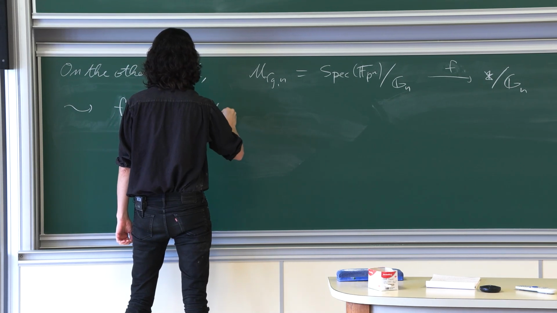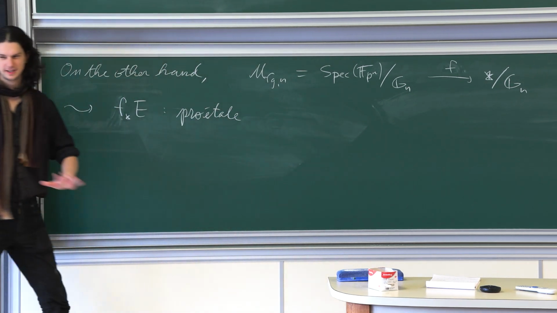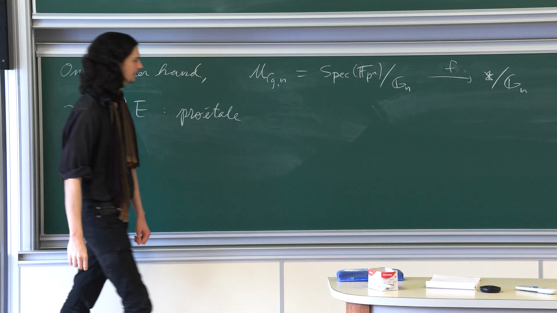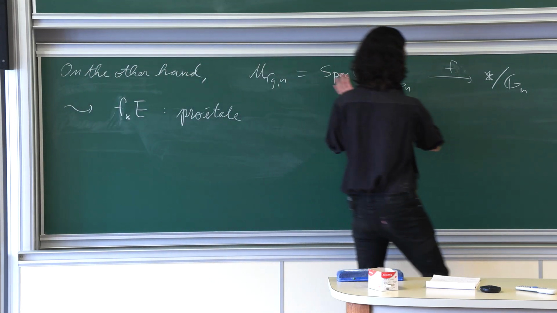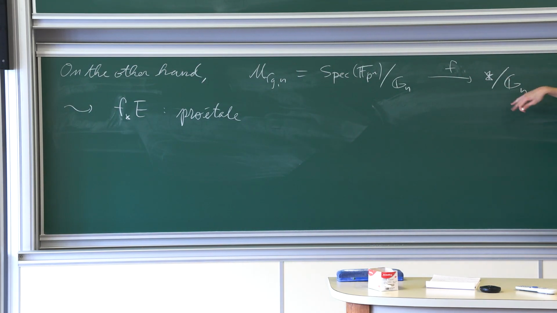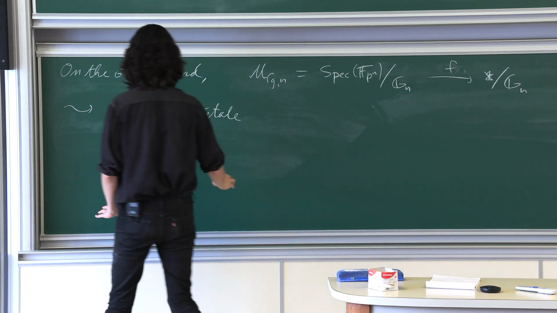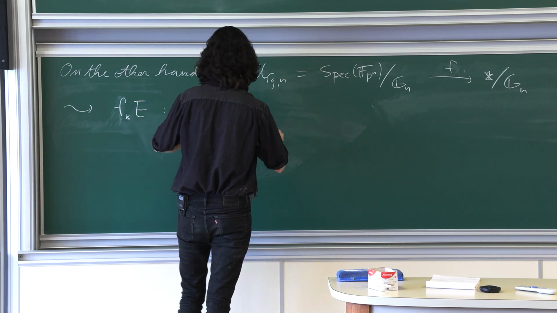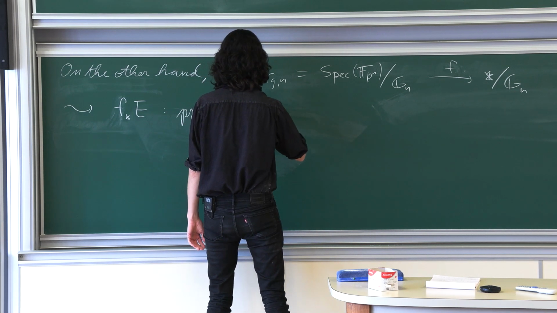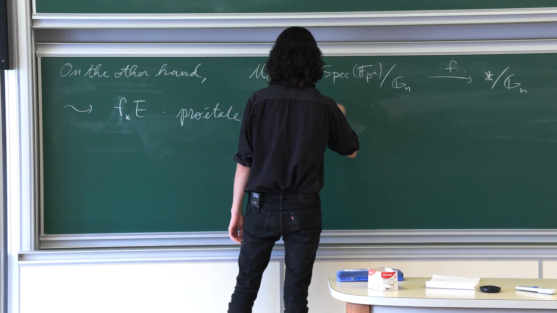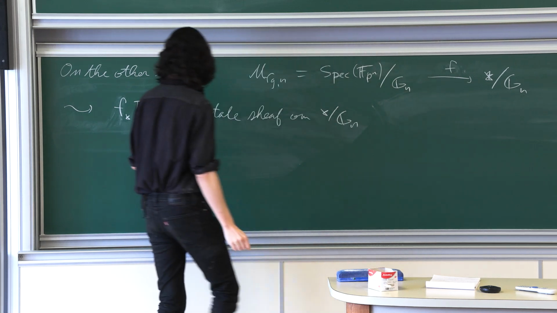The point means Spec F_p. Or you could think of a map of topoi, with the site of profinite sets equipped with a G_n action; it's equivalent, it doesn't matter. A pro-étale sheaf on the point mod G_n.